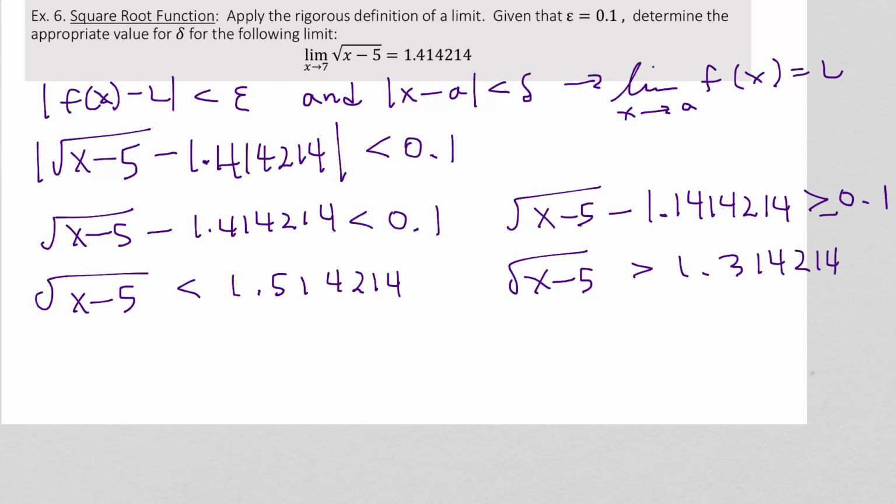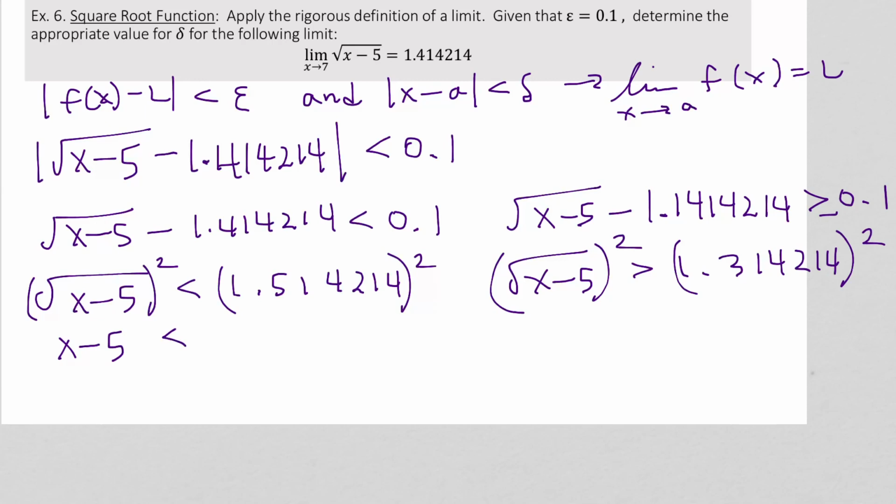Now I'm going to square both sides like this to get the root out. I'll get less than 2.292844038.